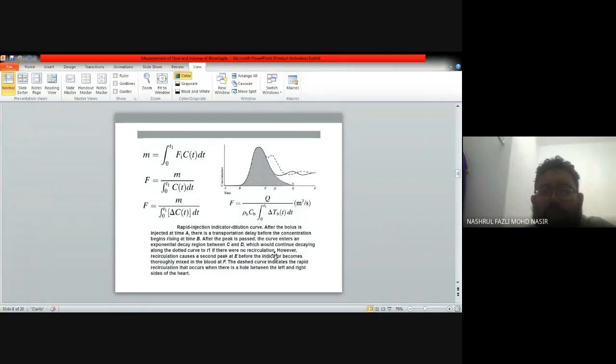There's no recirculation; everything goes into the vessel. Recirculation may cause a second peak at E, before the indicator becomes well mixed in the blood at F. The dash curve indicates the rapid acceleration that occurs where there's a hole between the left and right side of the heart.